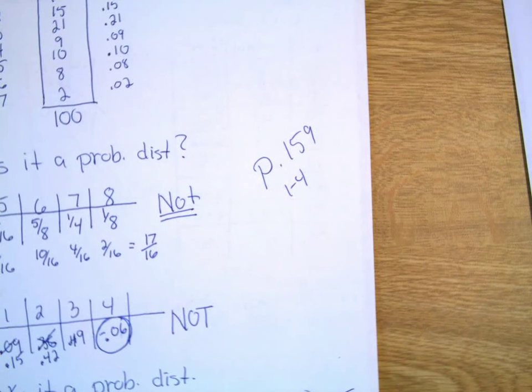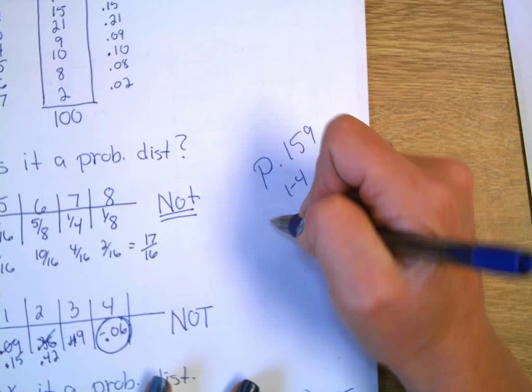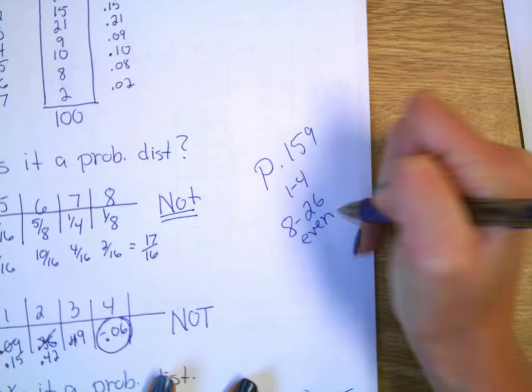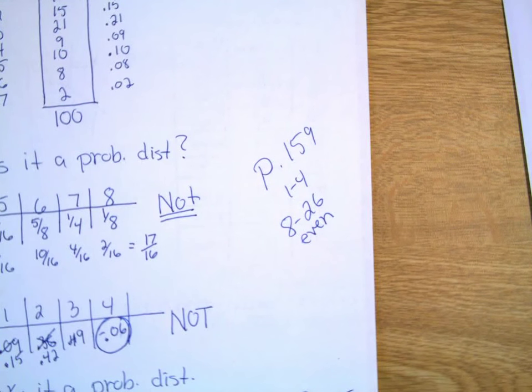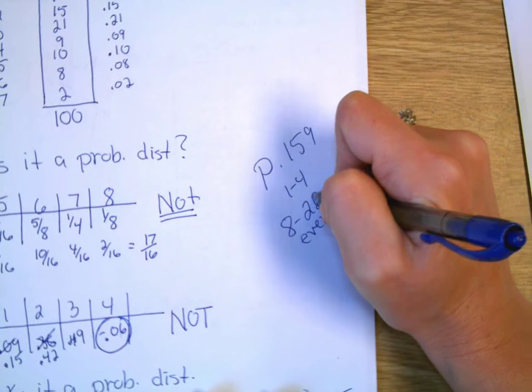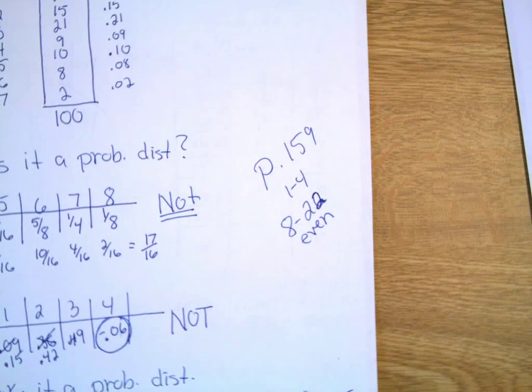Constructing, let's go expected value. All right, we'll go 8 through 26 even. When you get to 24 and 26, you're not going to be able to do anything, so stopping at 22. Forget I said that. 22. We'll go there. It's very quick and easy. Quick and painless today. We'll get into the math stuff tomorrow.